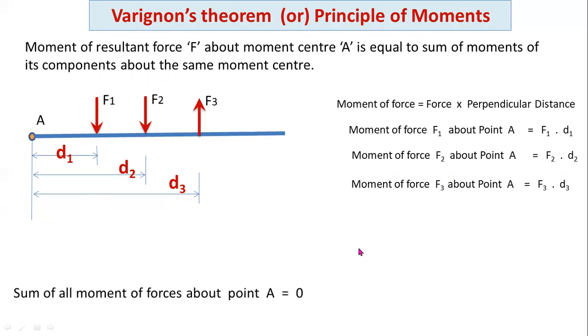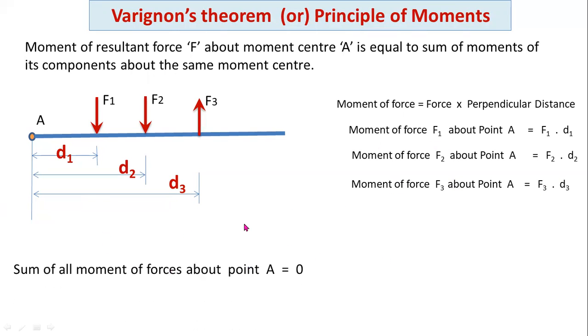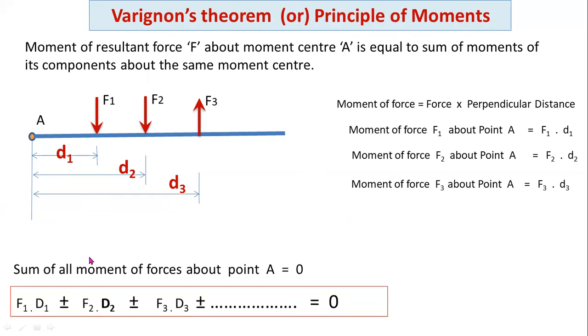The sum of all moments of forces about point A equals 0. Then F1 D1 plus or minus F2 D2 plus or minus F3 D3 and so on equals 0. If this system of forces is in equilibrium, then you have to equate these moments to 0.